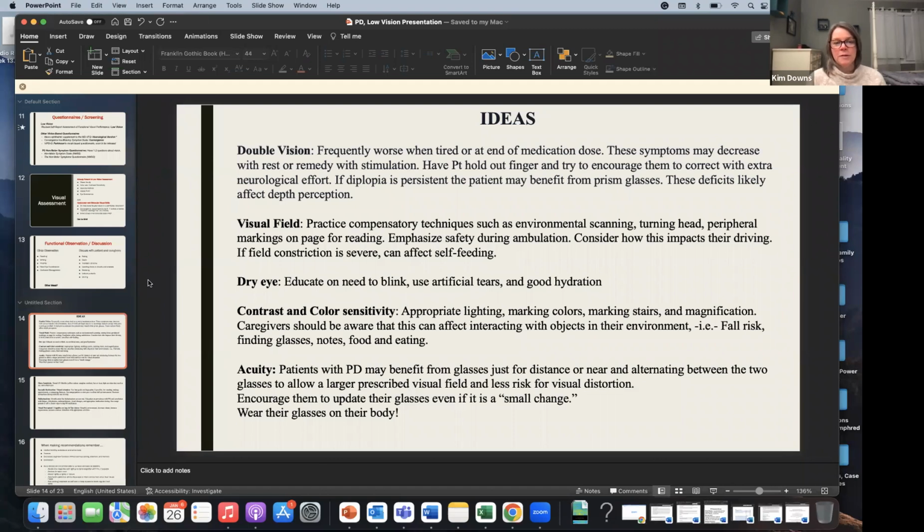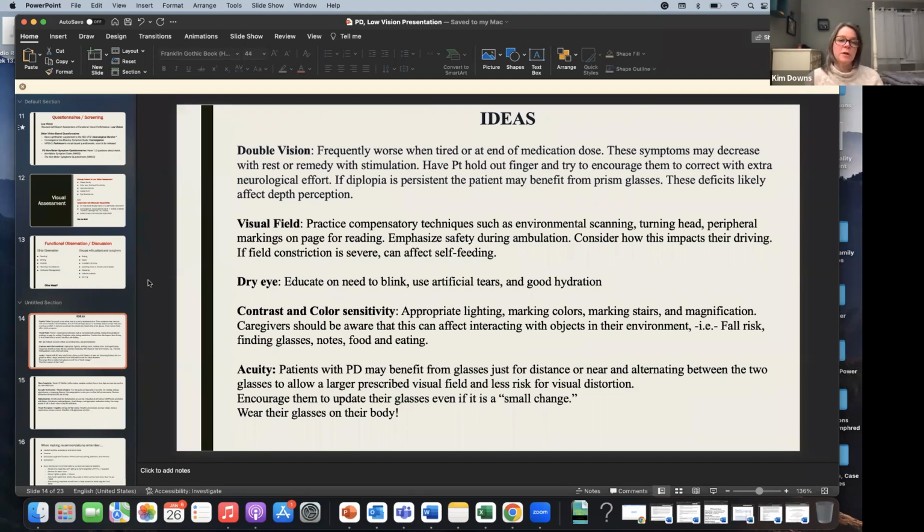But if you are noticing decreased visual field, we want to, again, make sure that we have as much cervical range of motion as possible, that they can turn their head. We want to work on environmental scanning, page scanning, consider if the person is driving, consider how this is affecting their driving.